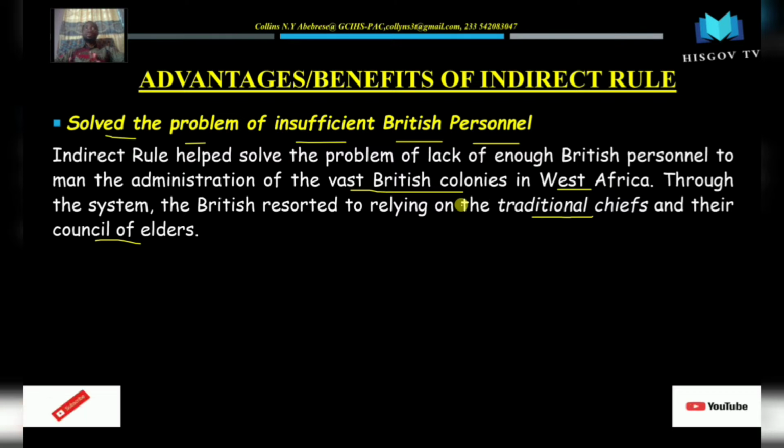They did almost all the work for the British crown, and therefore that came to solve that problem. And don't forget, these chiefs and traditional rulers were not paid. They were just doing their job for free. So the British were able to rule the vast colonies in West Africa through these traditional chiefs and their council of elders. That, we are saying, was one advantage of the indirect rule system to the British crown.